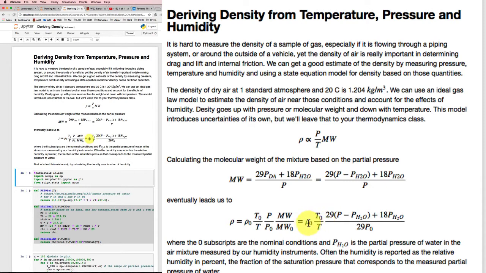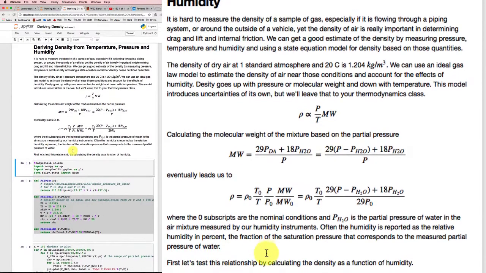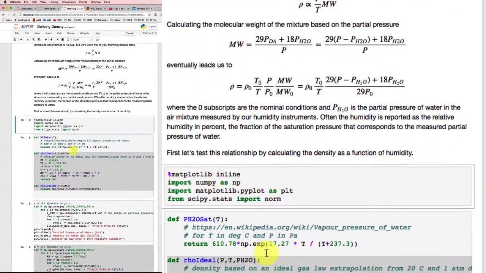So 1.2 kilograms per cubic meter times the reference temperature, 20 degrees Celsius, but we'll need to put that in Kelvin. So add 273. And then our ratio of partial pressures over here to account for the molecular weight and the pressure variation. So let's test out that relationship to make sure that it works.